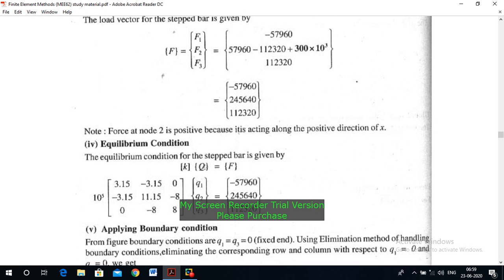Force at node 2 is positive because it is acting along the positive x direction. Because of that reason I added it at node 2 here.